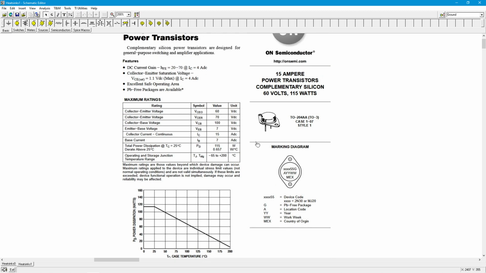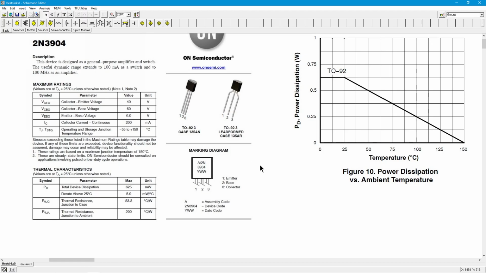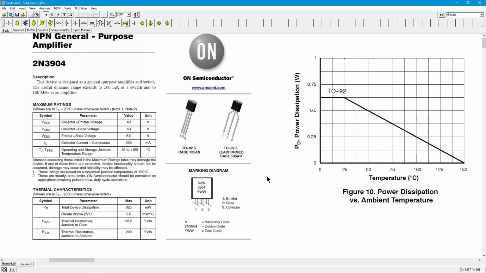Now, let's go back to this little 3904. So it's a much more modest kind of device. The junction temperature doesn't go as high for a max. It's just a little plastic thing rather than a large metal case. Power dissipation is not nearly as high, but we can still do a power analysis using this.